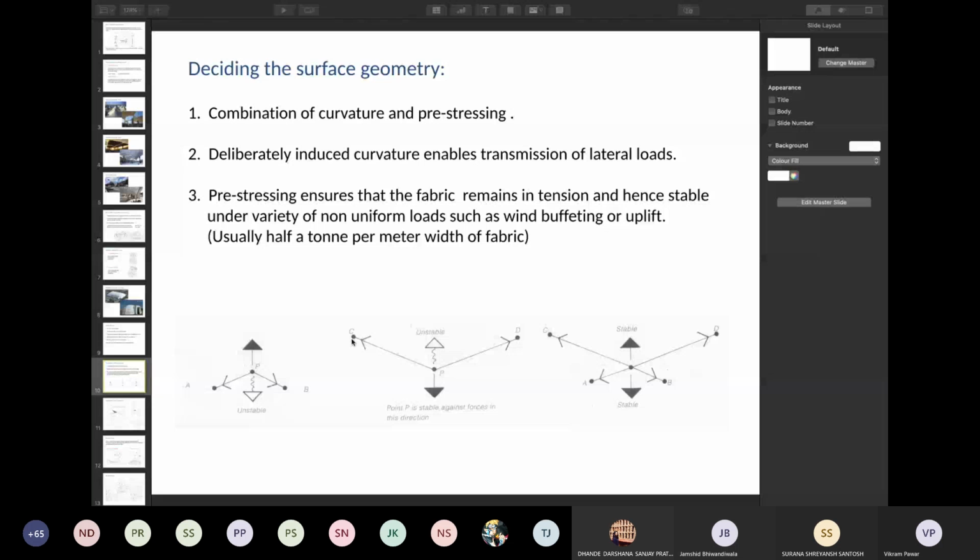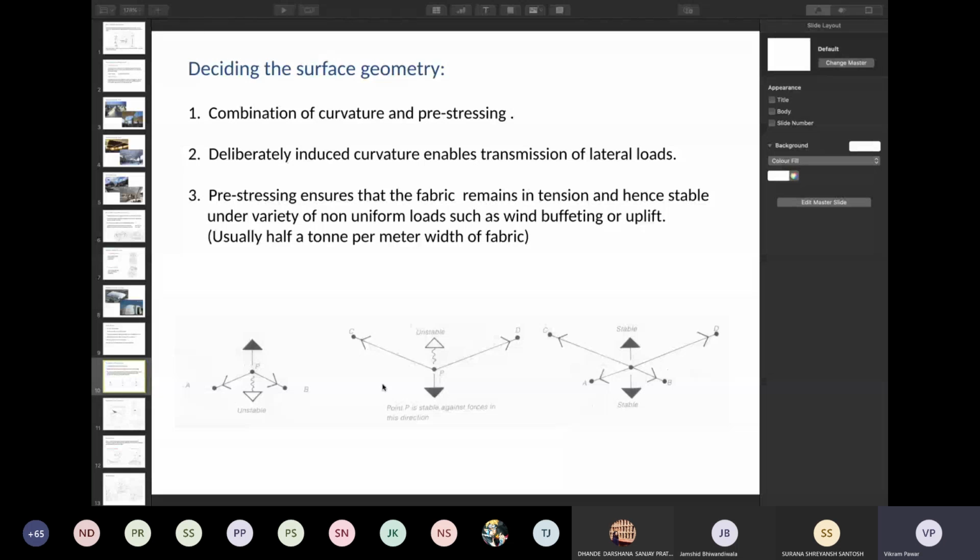Again, if this is longer compared to this, again this is going to be unstable in this direction. If you have four corners being pulled, then you have stability induced.